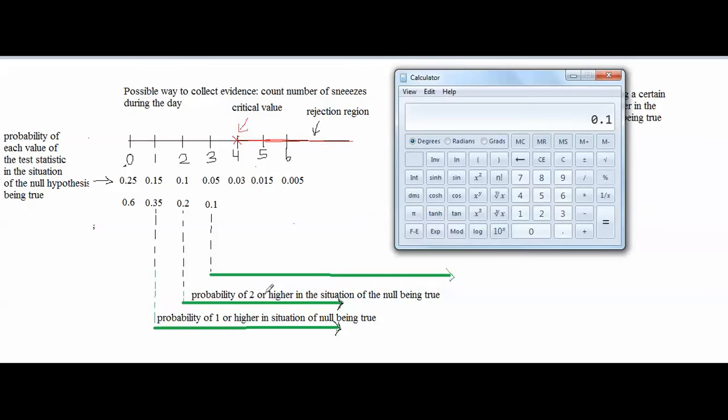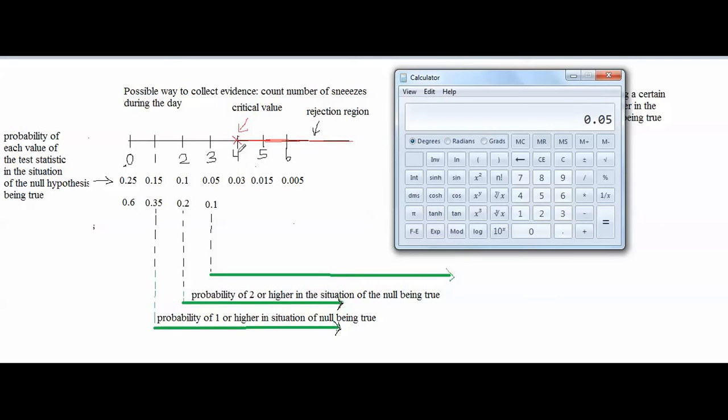Let's now find the p-value of 4 sneezes. It's 0.03 plus 0.015 plus 0.005. We're just continuing to add the numbers.